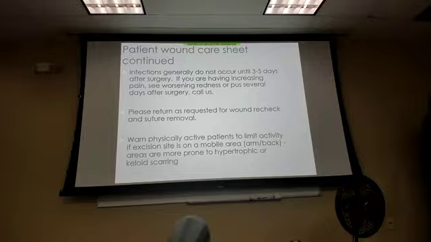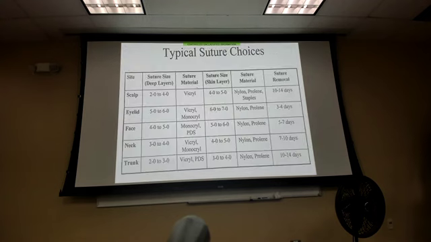Now I know that everyone in here, well not everyone because I see some faces, we're looking at PAs. This is a slide that you could look up here because this is definitely something you're going to see. So this is us picking what we're going to be using for sutures.